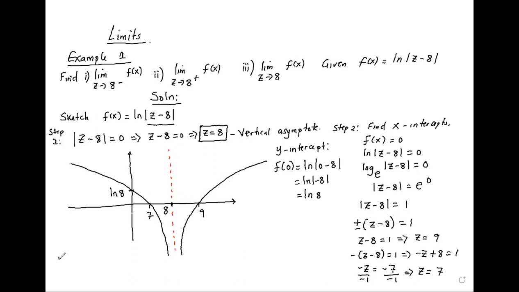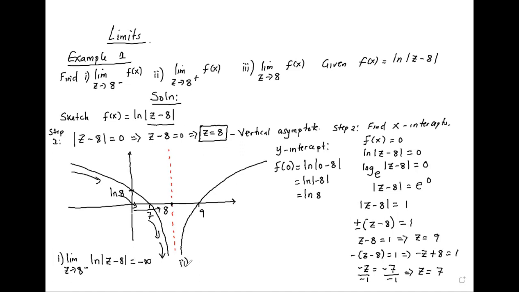What is the limit? Part 1. The limit as z goes to 8 from the left of f of x, ln of z minus 8, is equal to, you're observing as x is getting closer to positive 8, what is happening to the values of y? The values of y in this curve are going to negative infinity. So the answer is negative infinity here.